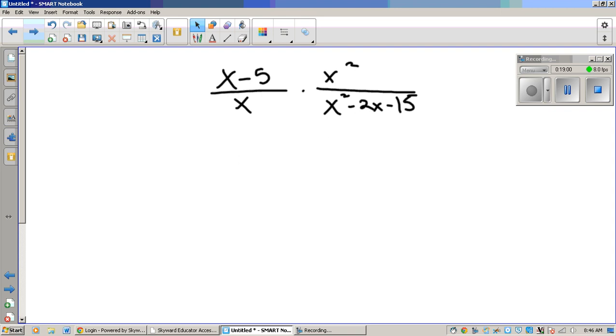Well, in this case, remember it's multiplication across. I can't necessarily simplify anything yet. What I want to do is start by factoring this out. Okay, so taking this whole thing and factoring this.